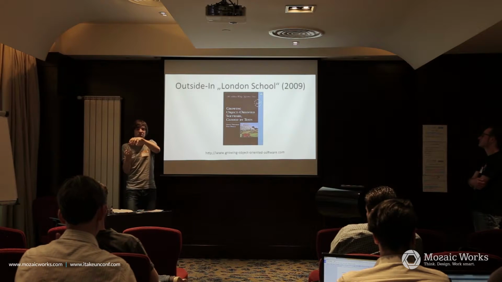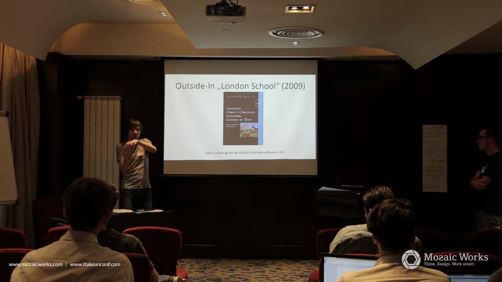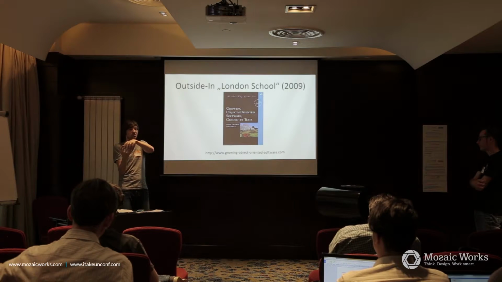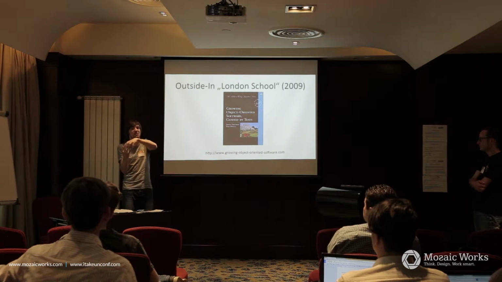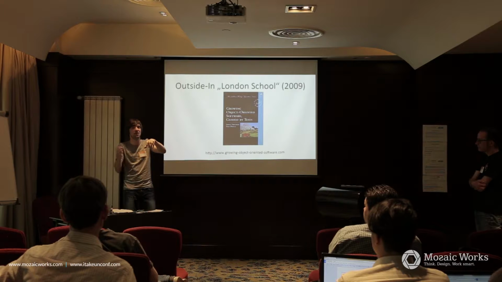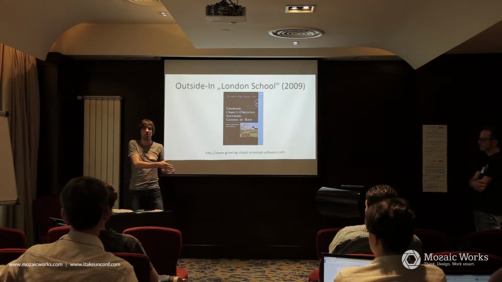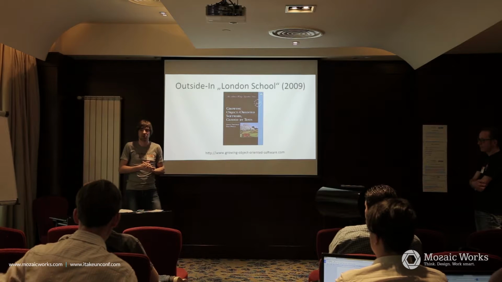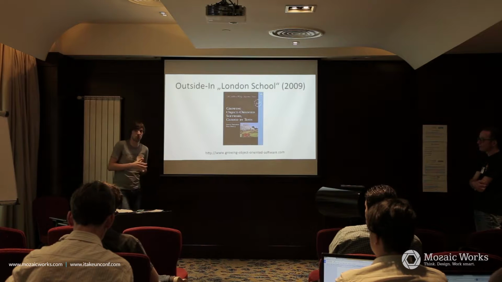And then you go a layer down, you write the tests and start writing the code. You notice, I need a collaborator. I haven't got it yet, so you write a mock for it, and so on, until you come to the innermost unit, which doesn't need any other collaborators, and then you're finished with your program, and everything should work.